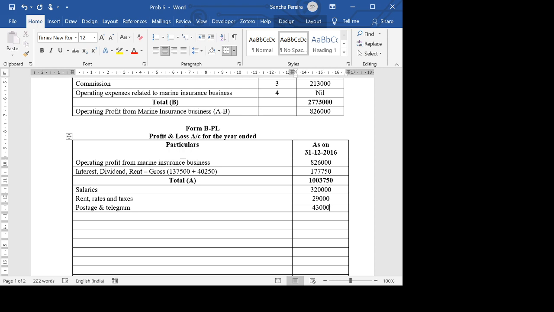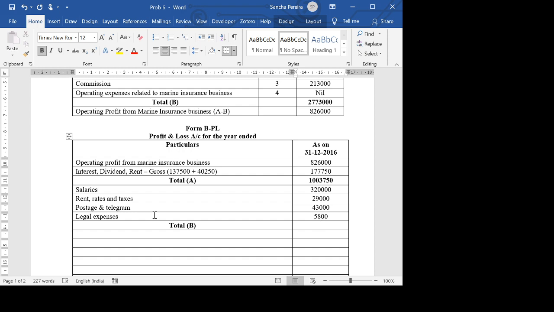Next is provision for tax, but that comes as an item later. We need to mention all the expenses here. We also have legal expenses, and these legal expenses are 45,800 in total, but out of 45,800 we have already shown 40,000 as part of the claims, because those were the expenses incurred specifically with regard to settlement of the claims. So the actual legal expenses are 5,800. So this gives me the total of B, which is our total expenses.